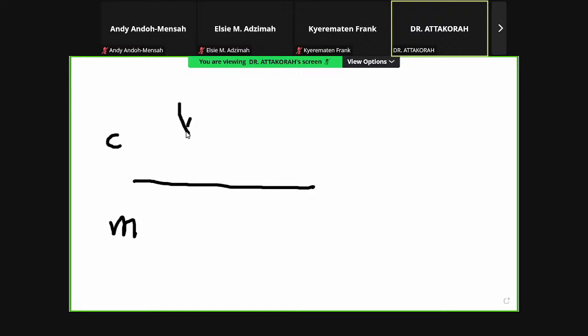We have the Bowman capsules here. And we have the proximal convoluted tubule here.